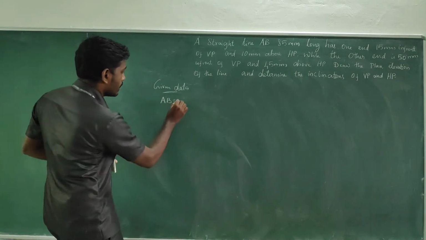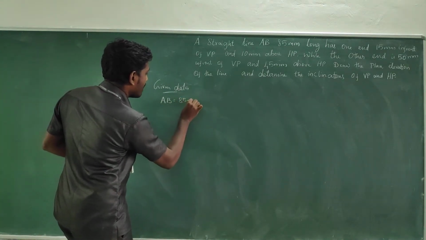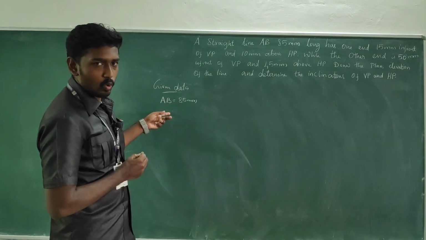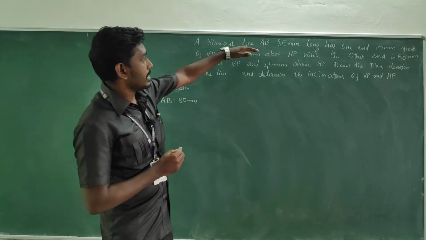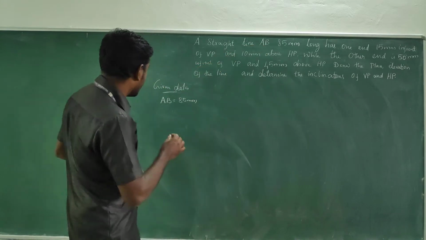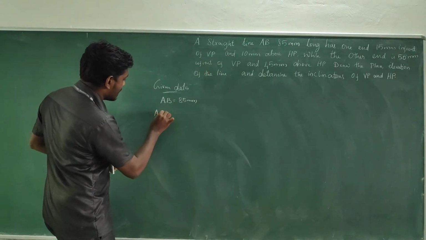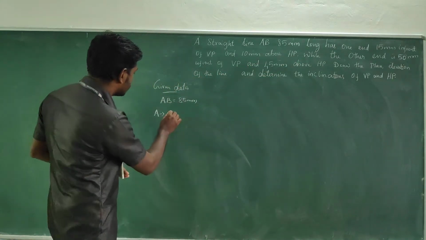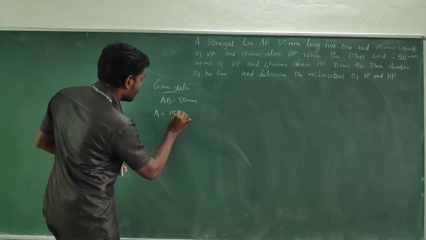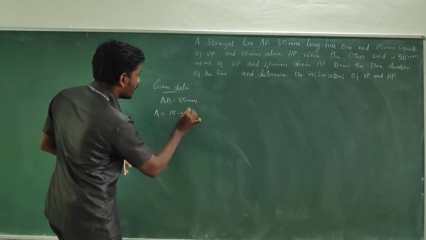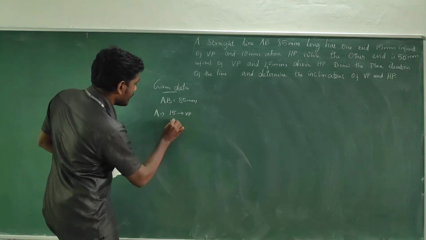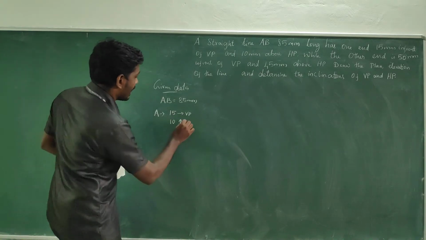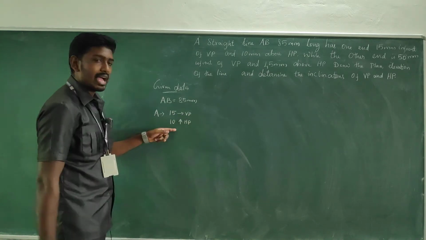Since the line is AB, I'm going to take this end as A. The A end is 15 mm in front of VP and 10 mm above HP.